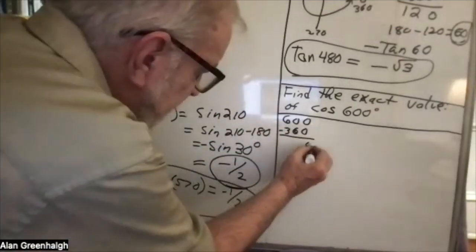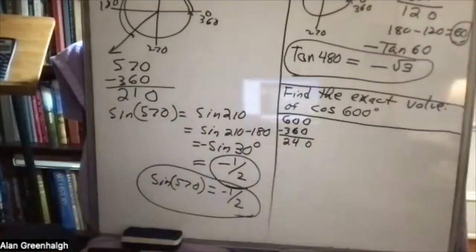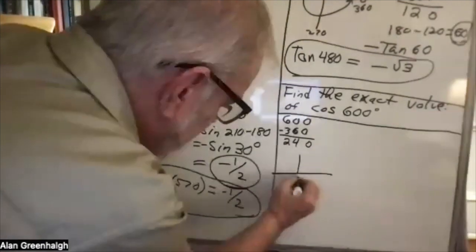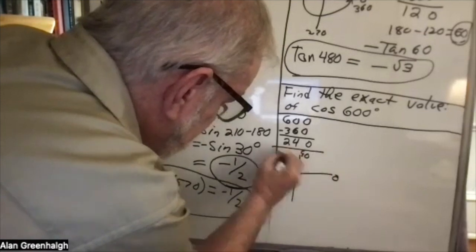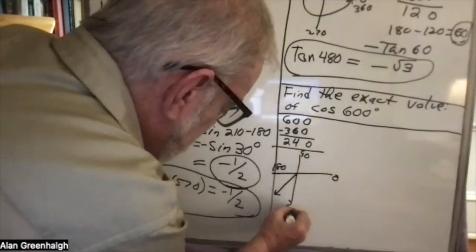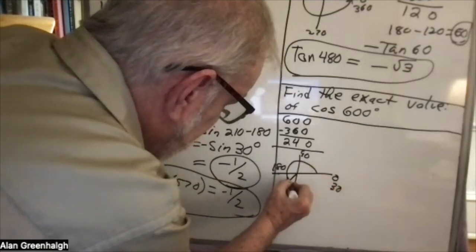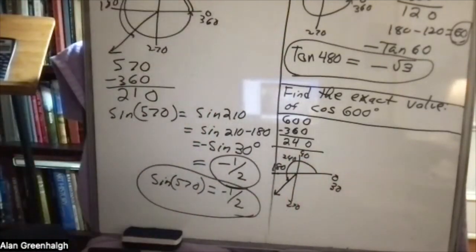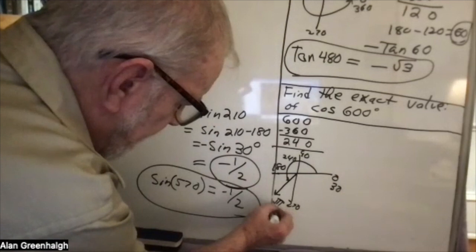We subtract that and we get 240. This we could draw because it's going to wind up in the third quadrant, where this is 0, 90, 180, 270, 360. And here's the angle. The angle is 240 degrees. So in other words, it terminates in the third quadrant.